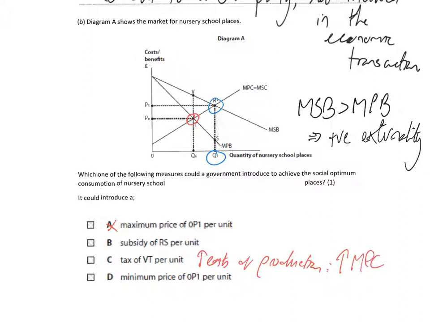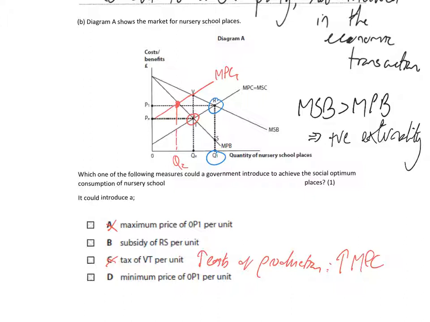And so we'd end up with an inward shift in the marginal private cost curve to MPC1, and that would create a new free market equilibrium between MPC1 and MPB somewhere there, which would result in not only a higher price than is currently prevailing in the market, but also a lower quantity, and that seems to be moving us further away. So we don't like that as a suggestion.